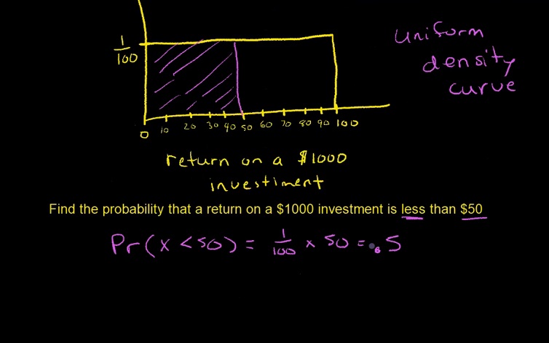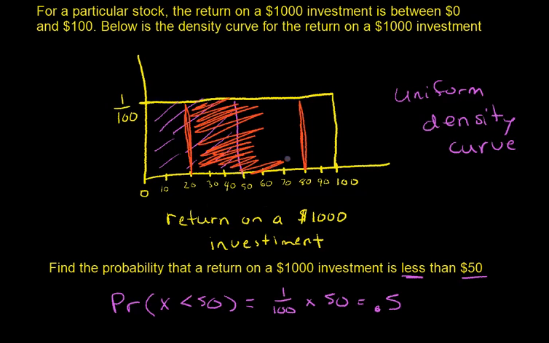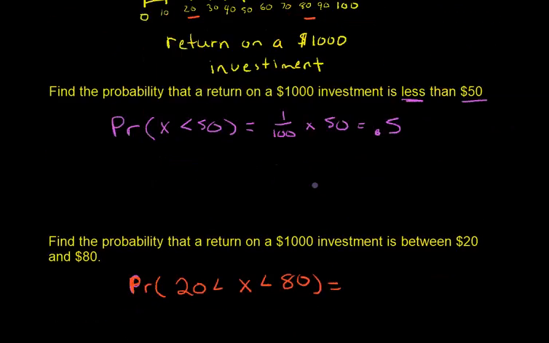Let's go up to my curve. Here's 20 and here's 80. I need to find this area here. If I find this area, then I'll know the probability that x is between 20 and 80.